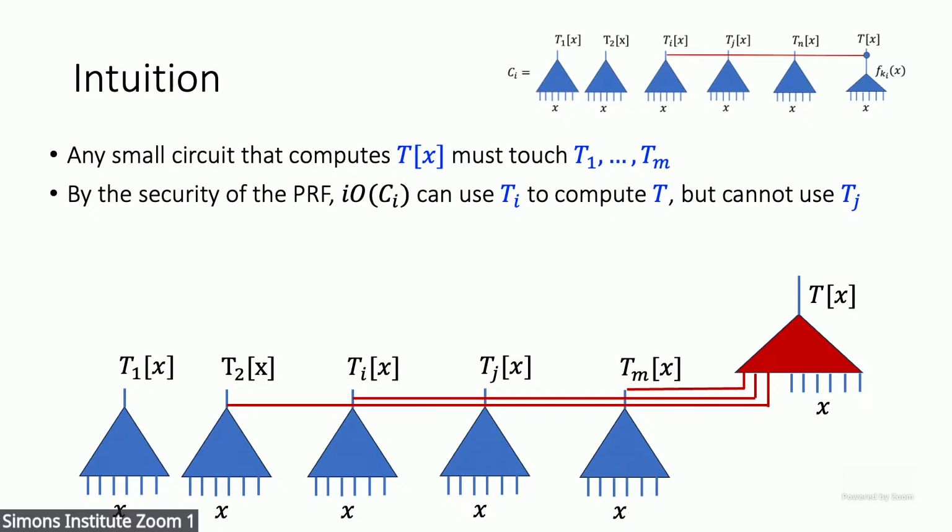This is a PRF with a random key. It cannot use T2 in order to compute T of x, because T2 just looks like a random function from the point of view of the obfuscation. So this circuit must touch Ti in order to compute T of x with a small circuit.